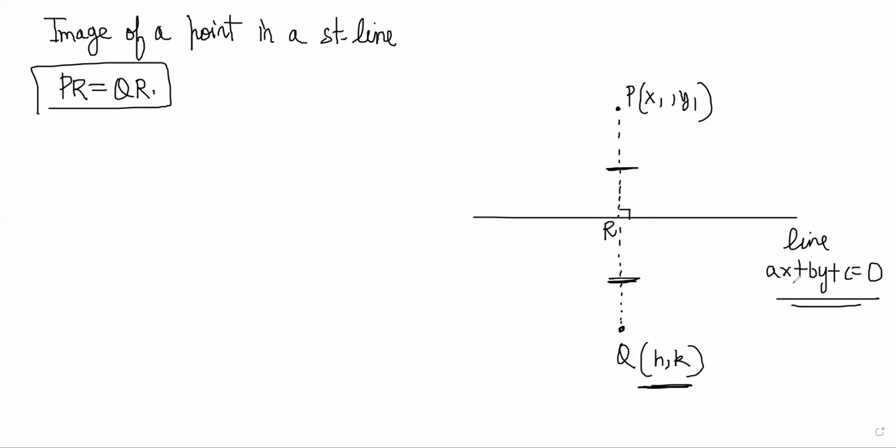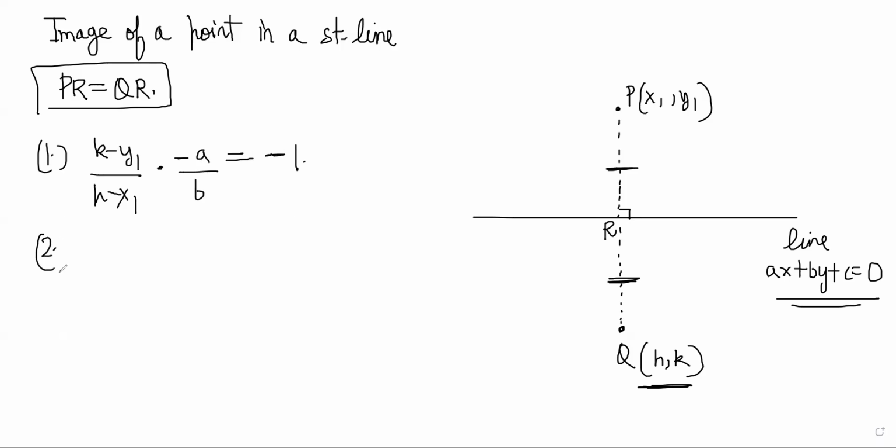Using a similar proof like before, basically we will be able to do the same thing again. So again, I have two equations. First of all, I know slope of PQ and slope of the line product will be -1. So I can say k minus y1 by h minus x1 times minus a by b will be equal to -1.